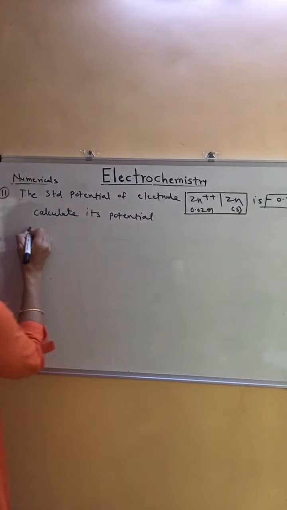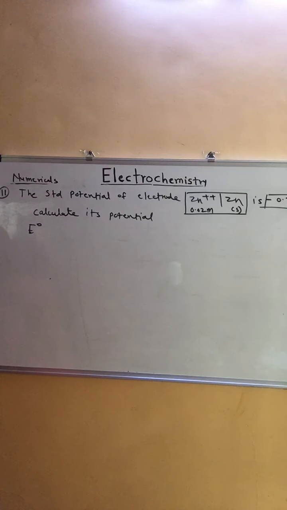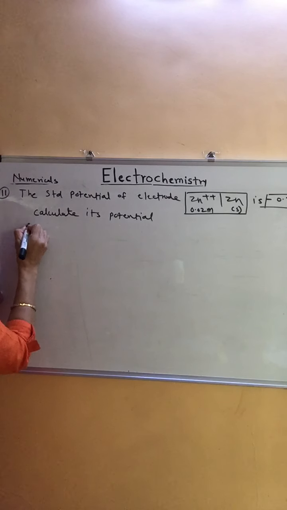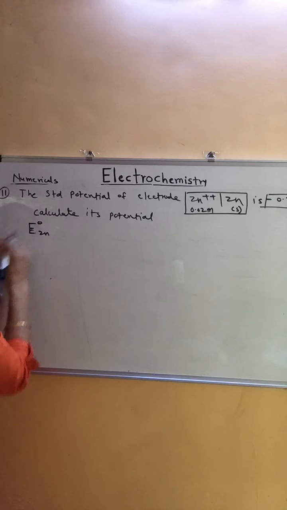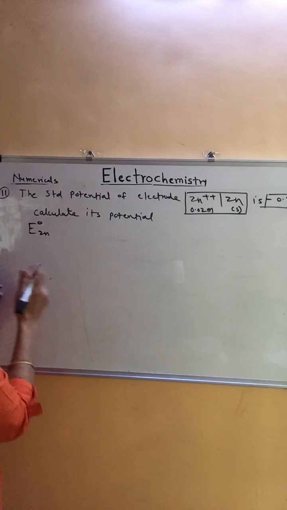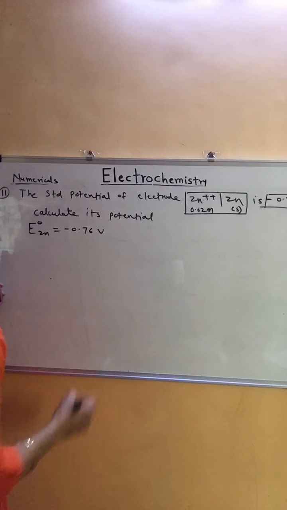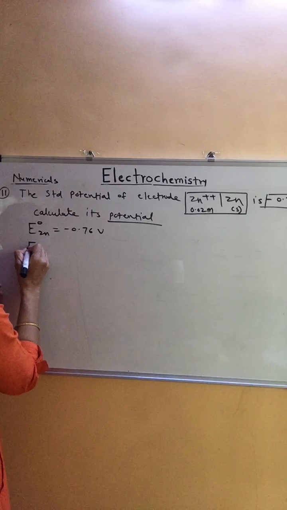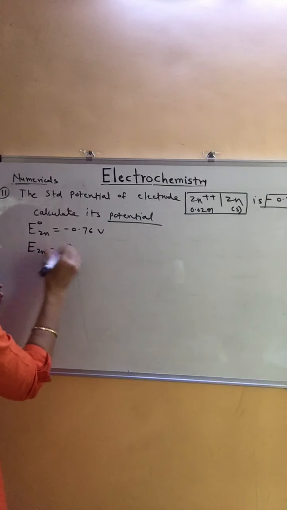So E naught Zn is given, and its value is minus 0.76 volts. Standard means E naught. Calculate its potential means the potential which is not under standard conditions, that is, E Zn you have to calculate.